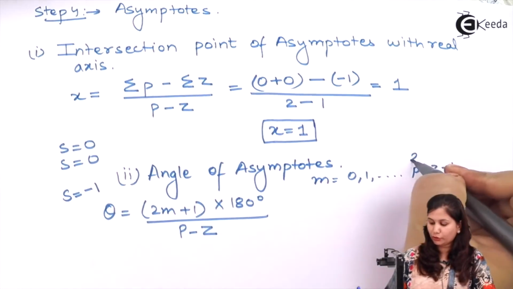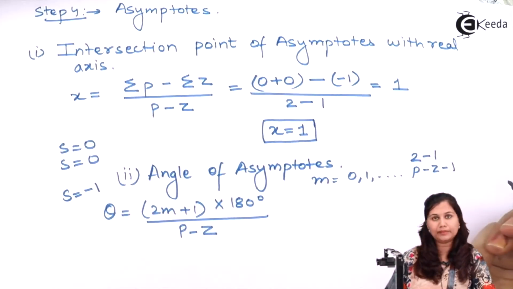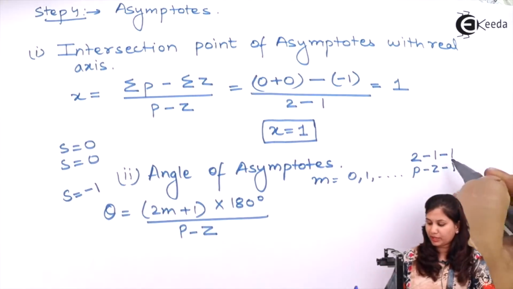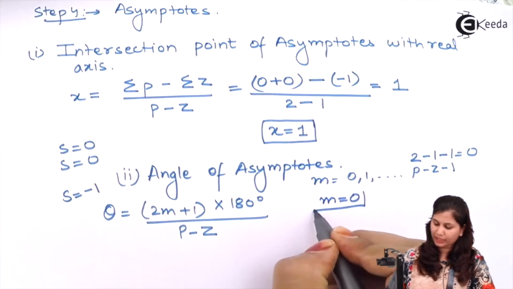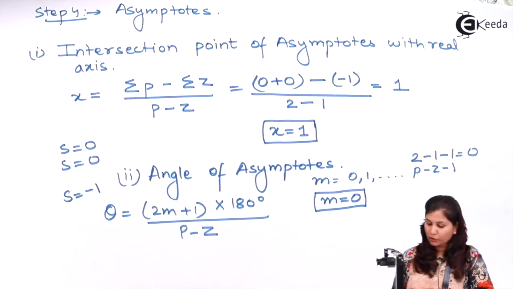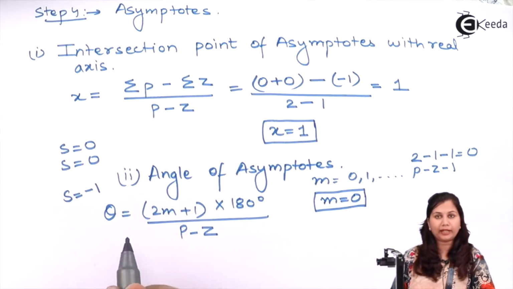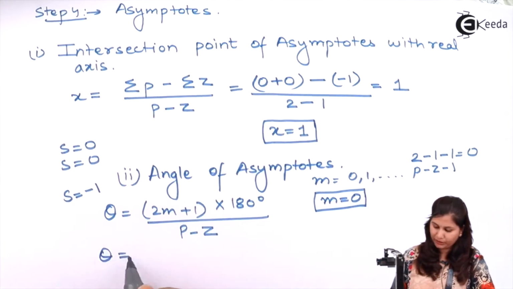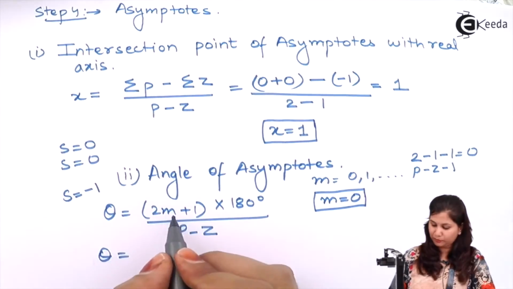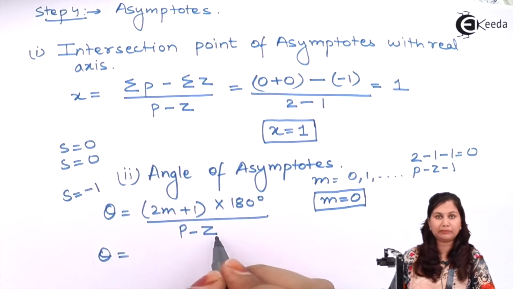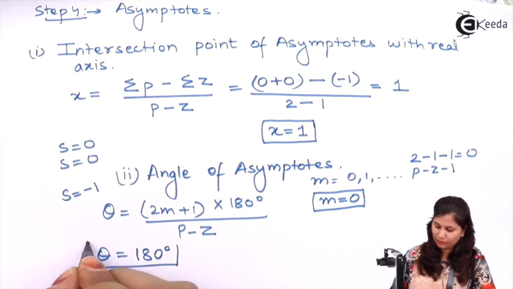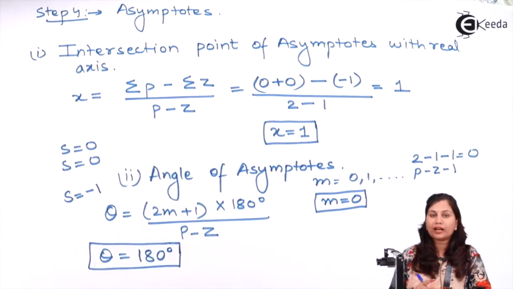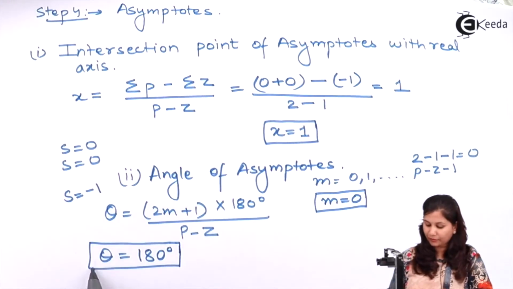So P is 2 poles and Z is 1 zero at −1. So P − Z − 1 comes out to be 0. So m is going to have only one value, that is m = 0. So for m = 0, we find θ: (2 × 0 + 1) × 180° divided by (2 − 1). So we get the value of θ as 180 degrees. So we have only one asymptote, and the angle of that asymptote is 180 degrees.